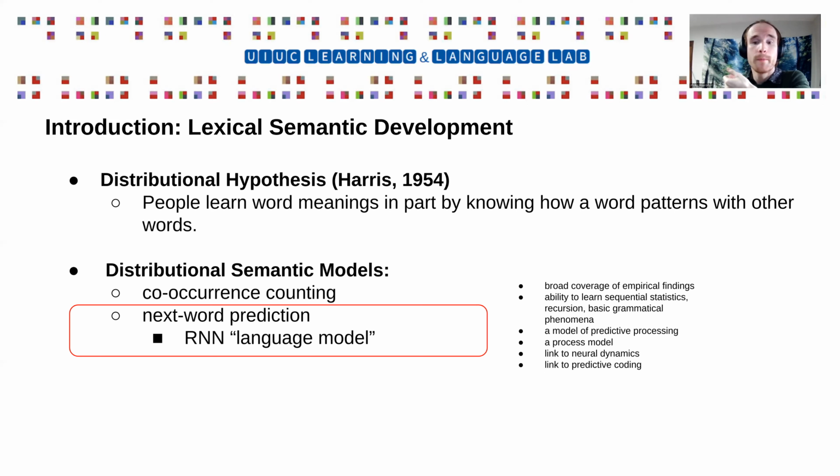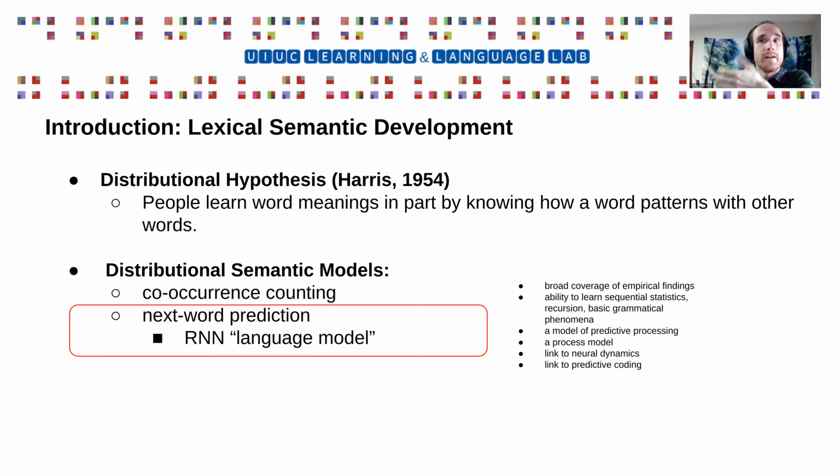Basic grammatical phenomena, number agreement. They make contact with ideas known as predictive processing, predictive coding, which makes contact with ideas in neuroscience.